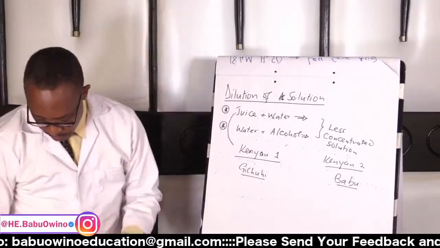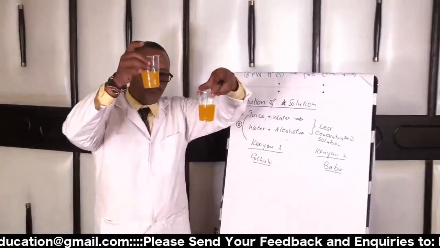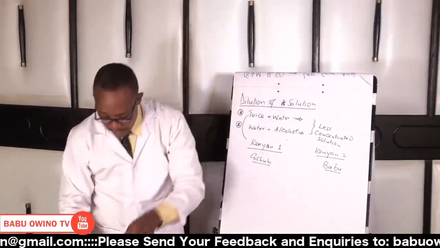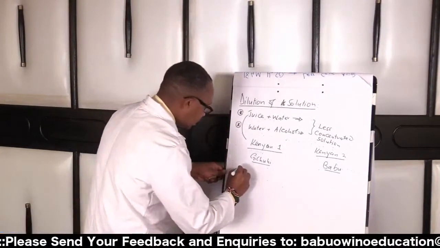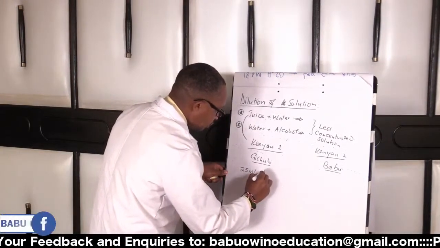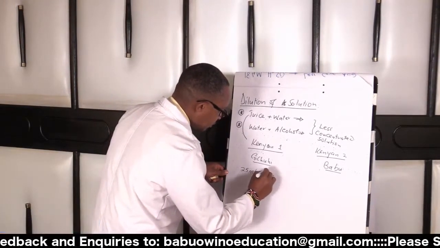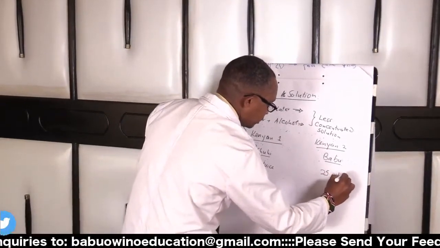Now here, I have put an equal amount of juice. So this juice is about 25 ml each. I put 25 ml of juice here, and here I give Babu 25 ml of juice.